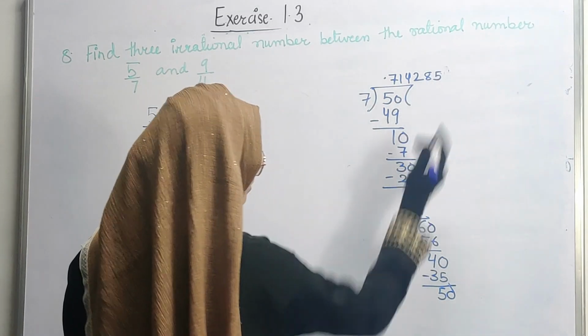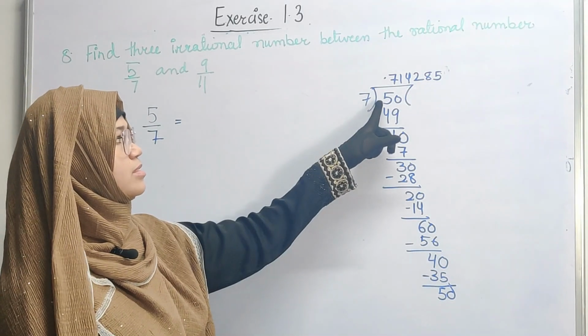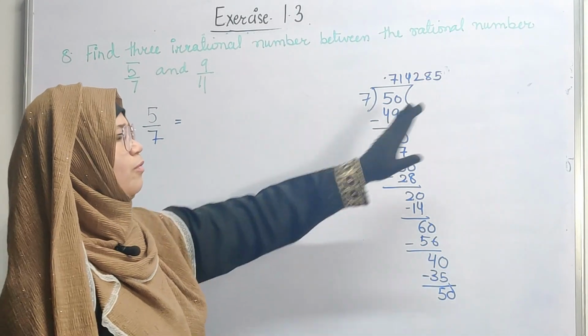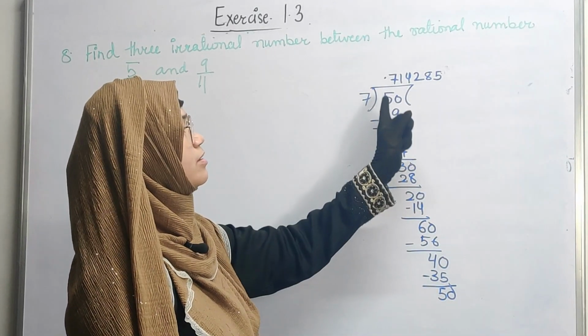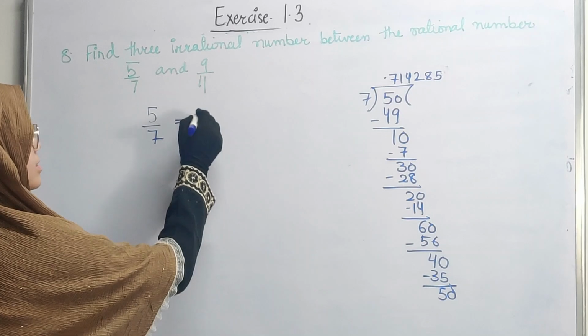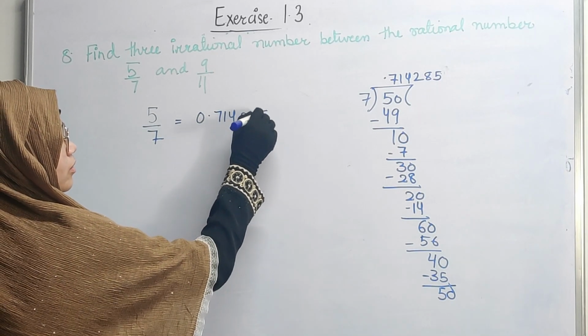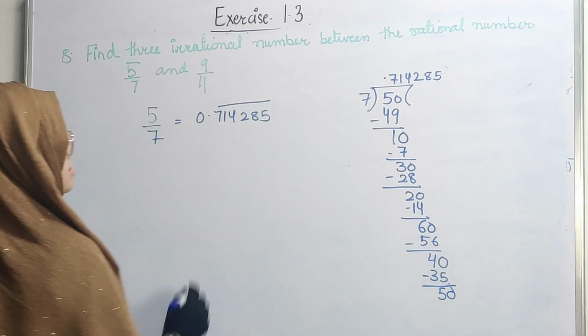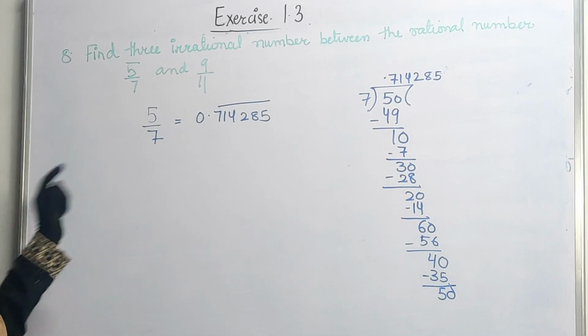See, we got 50, which is at the start. So we have to stop here. It means that after 5, 7 is repeating, and we just put a bar over all the 6 digits like this. So this is the decimal expansion of 5 upon 7.